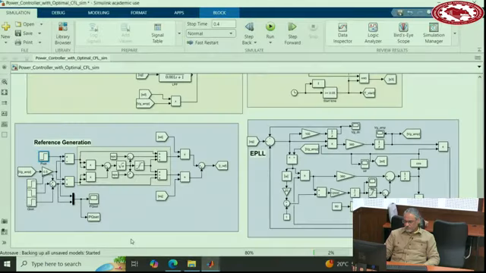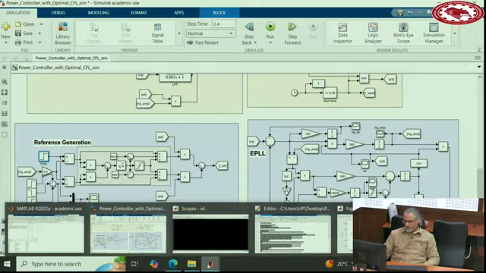Now I can run this one. Okay, it's already running. Multiple signals you can watch and see what's going on.